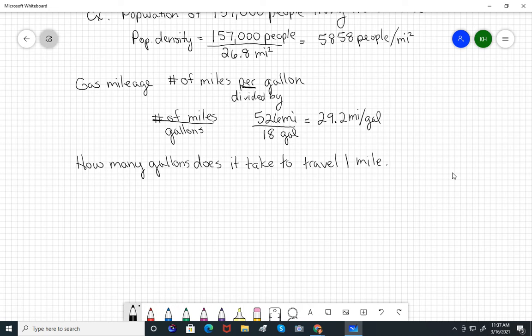Well, 18 gallons allows you to travel 526 miles. If I do 18 divided by 526, I get 0.034 gallons per mile. So it will take 34 thousandths of a gallon of gas to travel 1 mile.